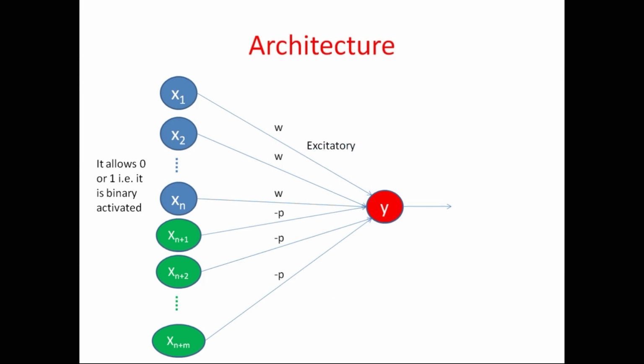The weights which have a positive number are called excitatory weights, and the weights which have a negative number are called inhibitory weights. That means the information passes from the blue colored input neurons to the red colored output neuron, and passes in the reverse direction from the green color to the red color.